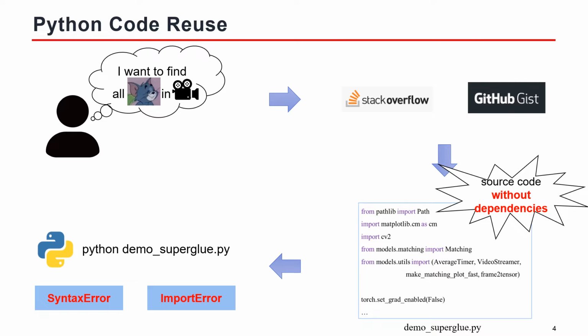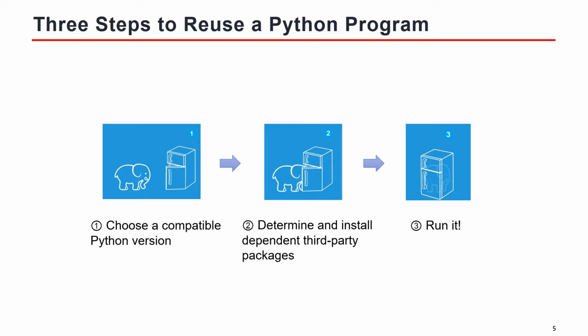Finally, he runs the source code, but encounters syntax error and import error. It seems easy to run a program containing a reused code snap. User can first install a compatible version of Python interpreter and install all the dependent Python third-party packages. After that, user can run the program.